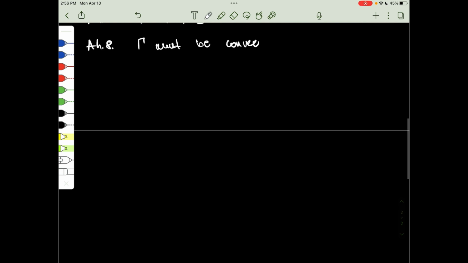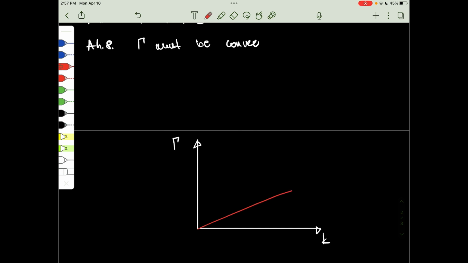Let me draw you a figure, a very simple figure of the new gamma we have. So this is the capital stock. This is gamma, and we have two continuous functions to describe the feasibility set.